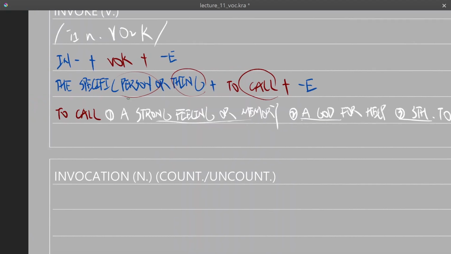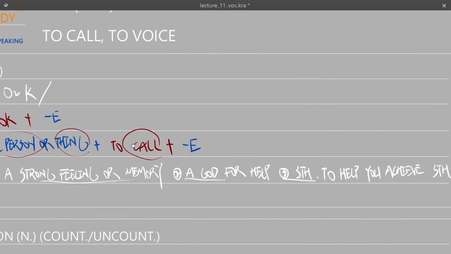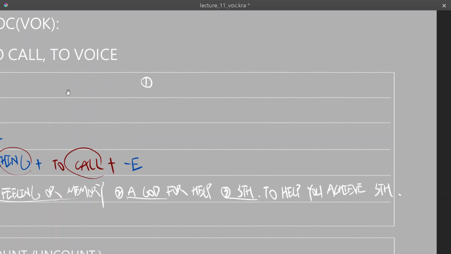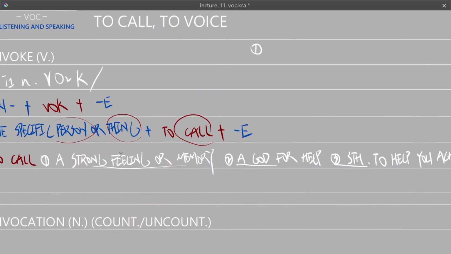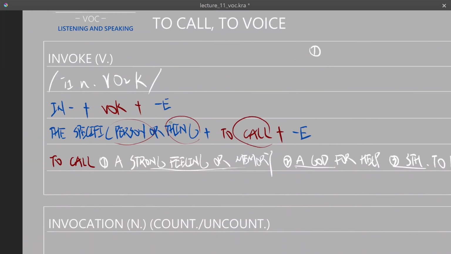So for example, the first one: call a strong feeling or memory, almost like evoke.